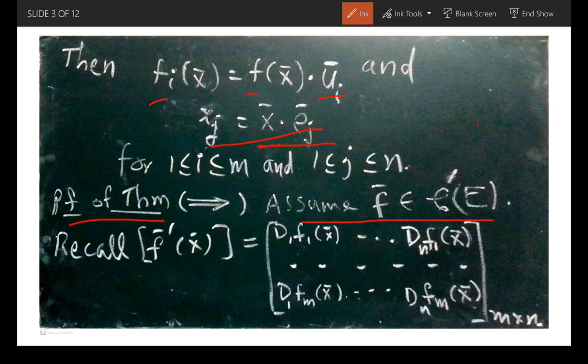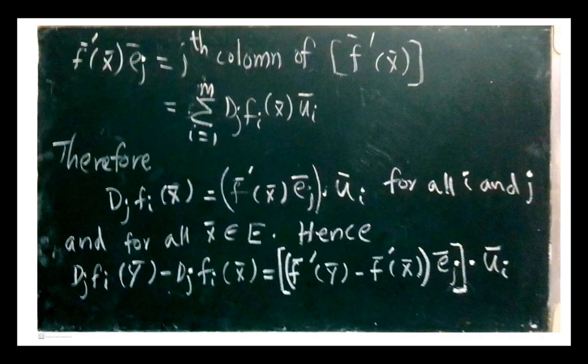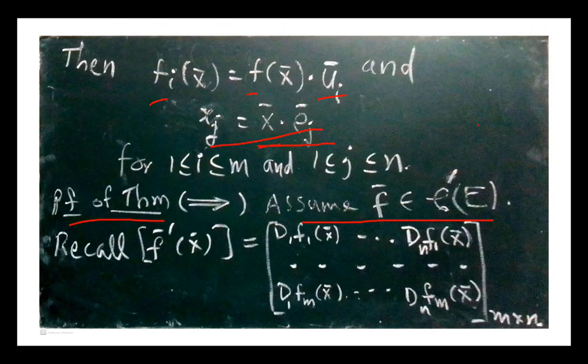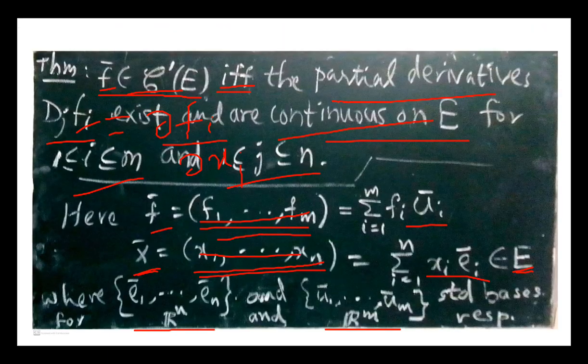We have to show all the Dj fi are continuous. Existence we have already proved. Remember the previous slide, this also we have proved.